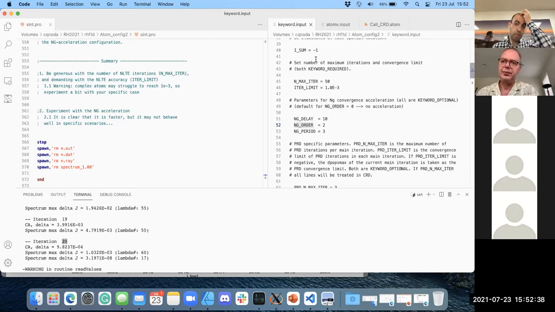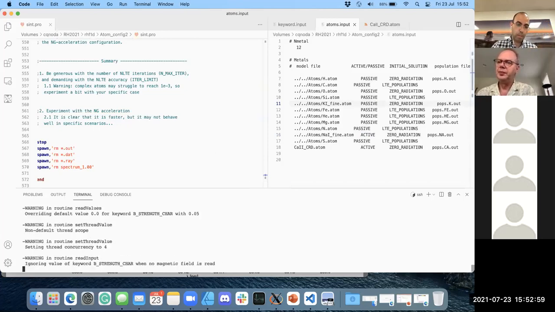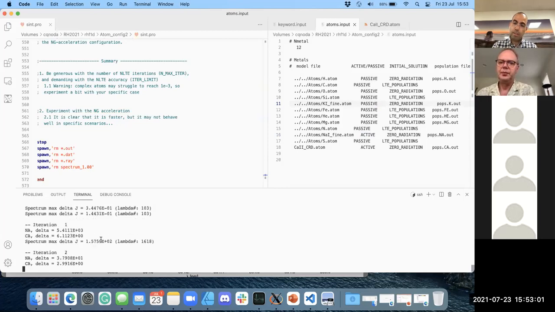Yeah. And also it will depend on the atom. In fact, I wanted to ask you as homework to do this, but we can do a test now. So if we make this atom active, now we will have two atoms. One is sodium, and I think this is 11 levels. So it's a bit more complex than calcium, but not crazy complex. If we run the code now, you can see that it's getting slower.